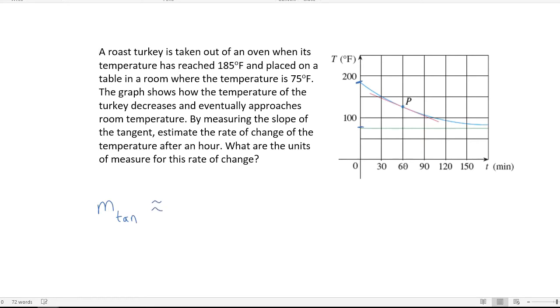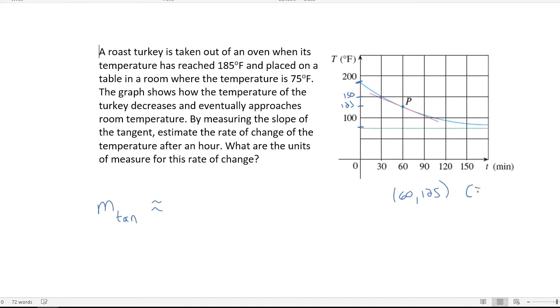We know one point on the graph: it looks like after 60 minutes the point is about 125. So we have 60 minutes and 125 degrees Fahrenheit. And it kind of looks like at 30 minutes it might cross through this point here, roughly, let's say 150. Roughly, we're estimating here.